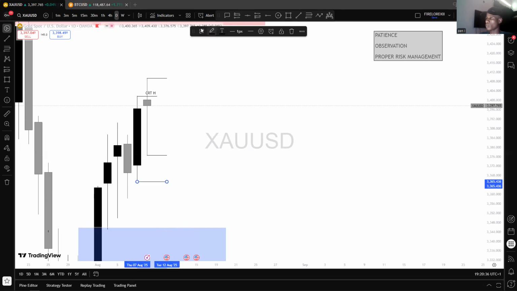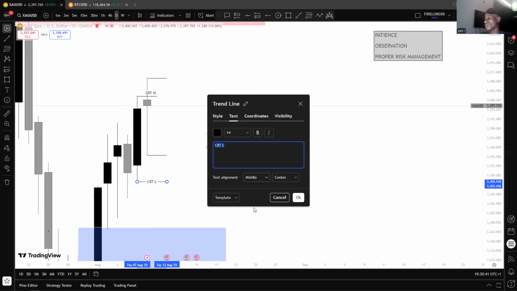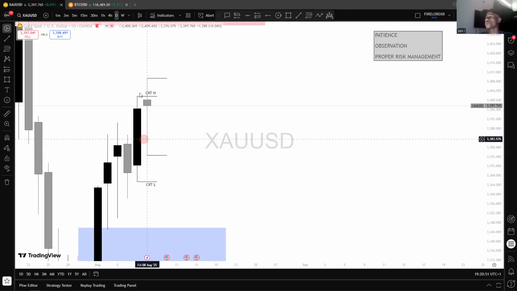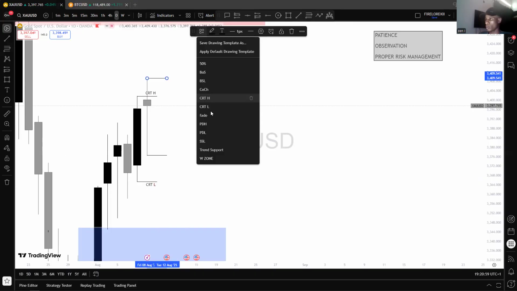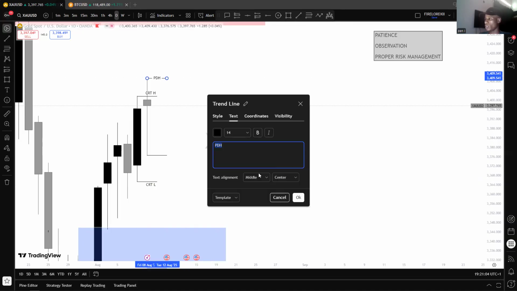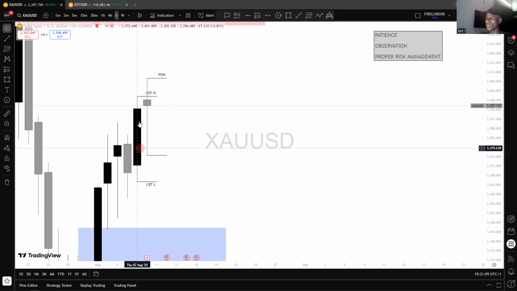I'm probably not grammatically correct, but basically, we could see that we had a sweep of that range and price closed inside it. So yes, we can of course call it the CRT candle. And like I pointed out earlier, price already closed inside this range. Okay.